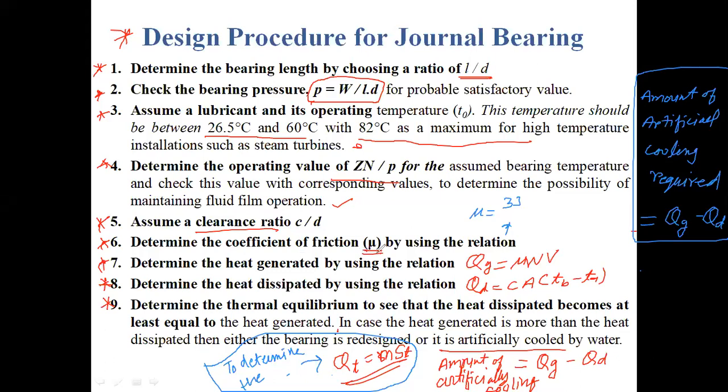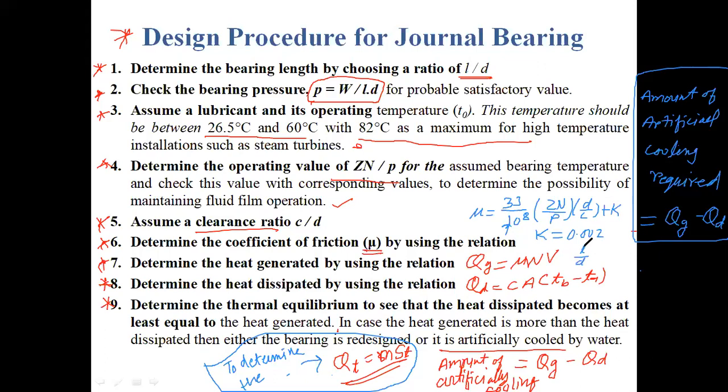So determine the coefficient of friction mu by using the relationship. The relationship is mu is equal to 33 upon 10 raised to power 8 into Zn by P into D by C plus K. Here this K value we are taking as 0.002, because we are assuming it depends upon the L by D ratio.